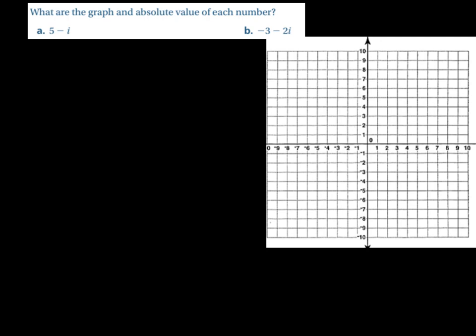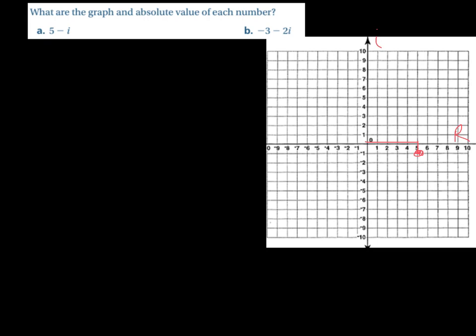So let's look at a couple of examples here. We've got 5 minus i in part A. So if we want to plot that with our real axis over here and our imaginary axis going vertically, 5 minus i means we're going to move over 5 units on the real axis and down 1 unit.